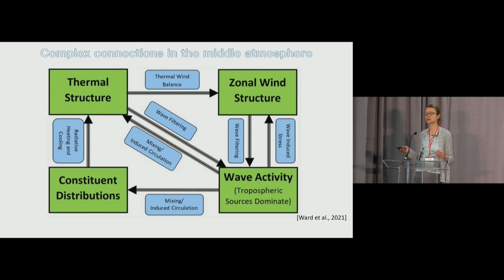Then this can also change the mean circulation, which then can influence your composition. And if you change the composition distribution, for example, ozone, this can then feed back through absorption of solar radiation to the thermal structure and so on. So it's very complex.